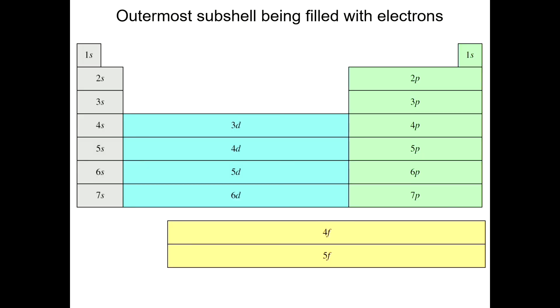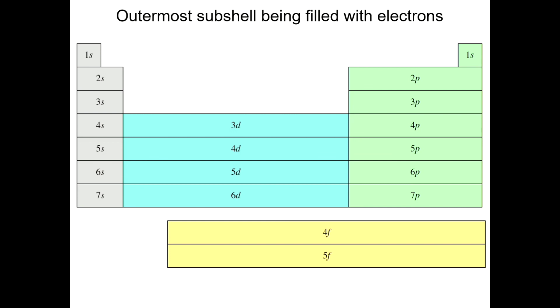Okay, now we know in the periodic table, for all the elements in here, their last electrons are filled in 1s, 2s, 3s, 4s, 5s, 6s, right?